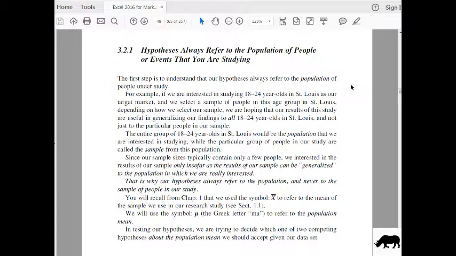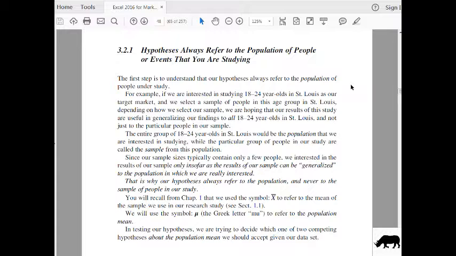For example, if we are interested in studying 18 to 24-year-olds in St. Louis as our target market, and we select a sample of people in this age group in St. Louis, depending on how we select our sample, we are hoping that our results of this study are useful in generalizing our findings to all 18 to 24-year-olds in St. Louis, and not just to the particular people in our sample.